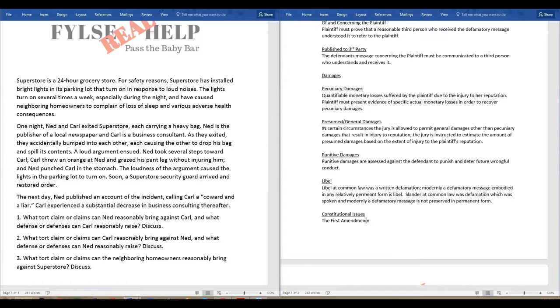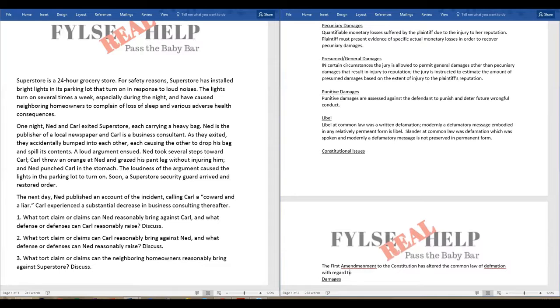The First Amendment to the Constitution has altered the common law of defamation with regard to the degree of fault required, the burden of proving falsity of the defamatory statement, and the potential presumed and punitive damages.